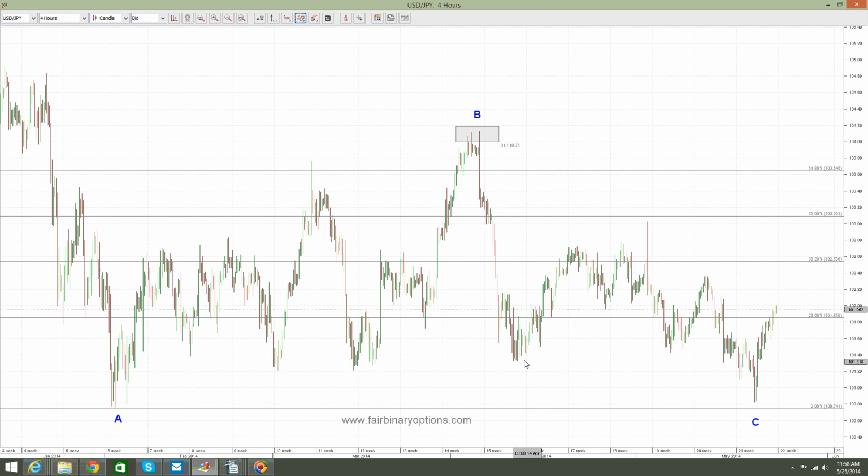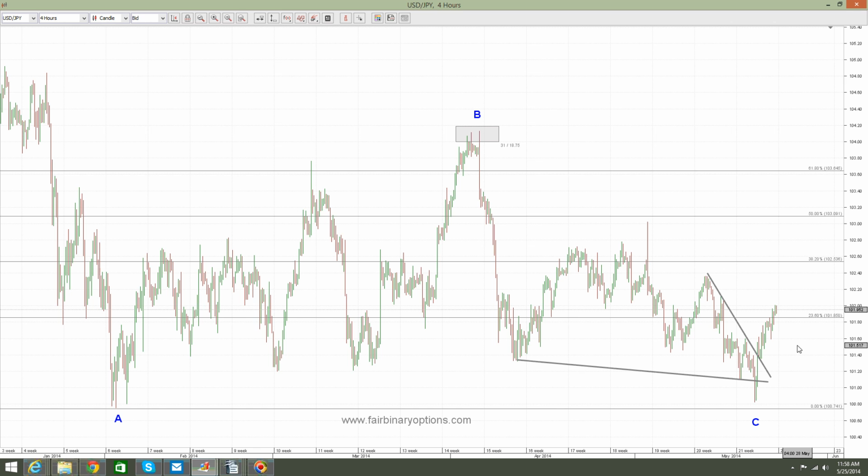first of all, we need to define this impulsive move from here to here as being a terminal impulsive move. In a terminal impulsive move, overlapping is allowed between the first and the fourth wave, and by the moment this is broken to the upside, and it is, not only that it's broken, as you can see here, it is also retested, broken, retested, and then market just advances like this.